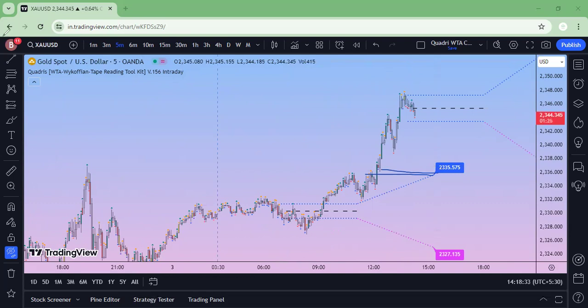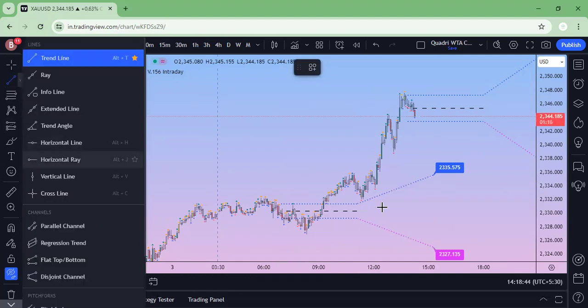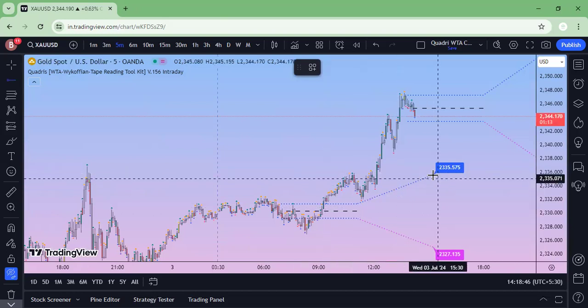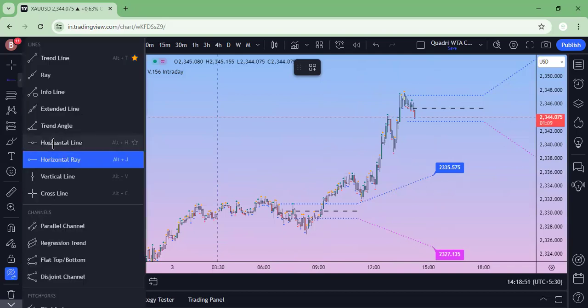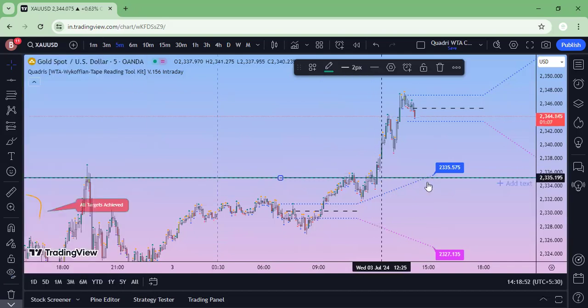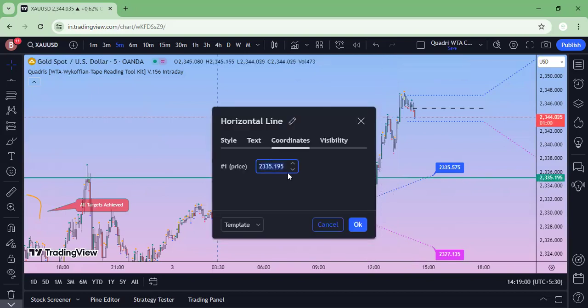You can see if I draw a horizontal line. The beauty of this particular tool of mine, when it comes to intraday or any time frame, is that if I draw a line, one second, let me pull up a different line. This is the line which I'm drawing, and I'll set the coordinates: 2,333,575.